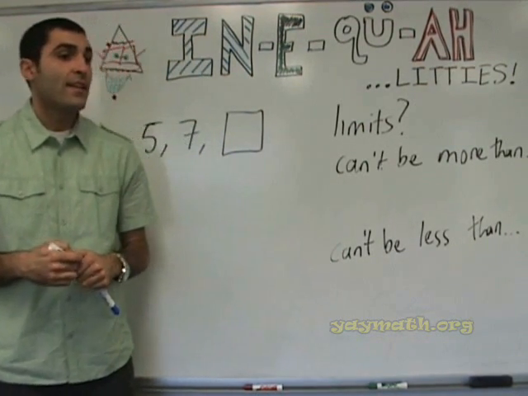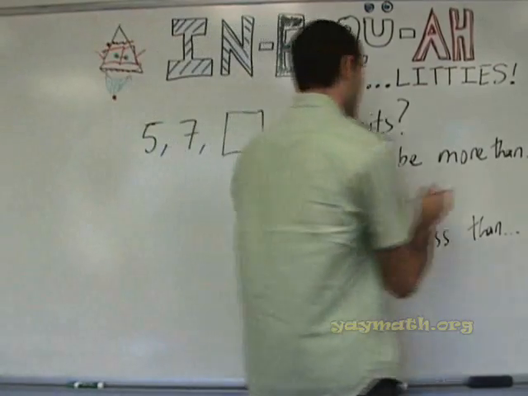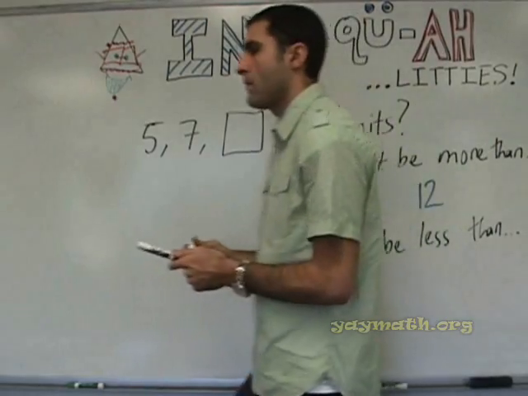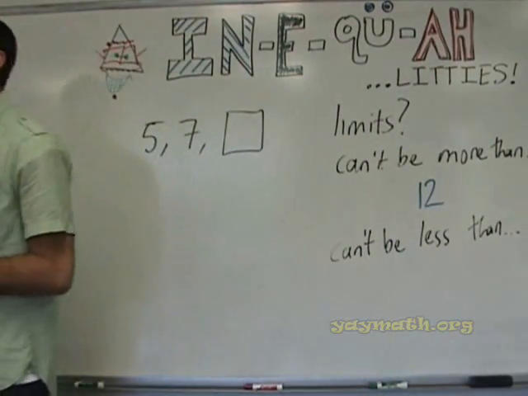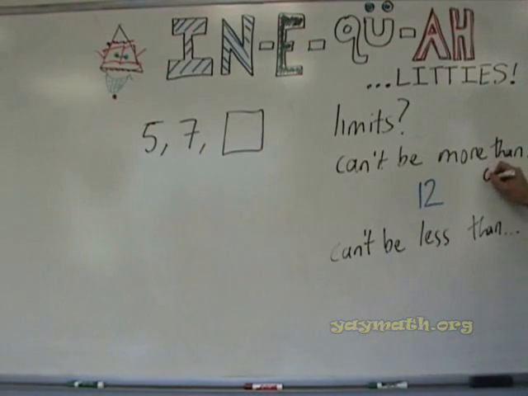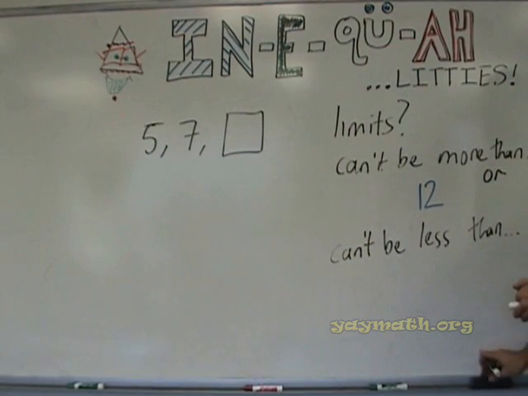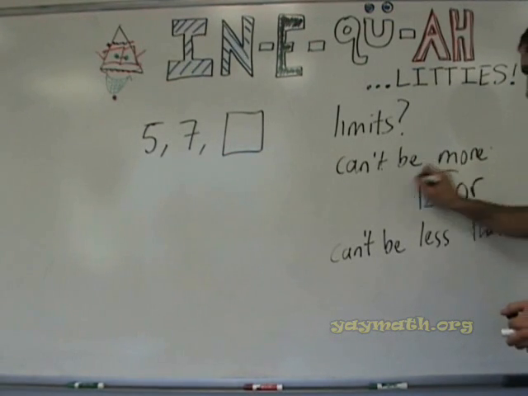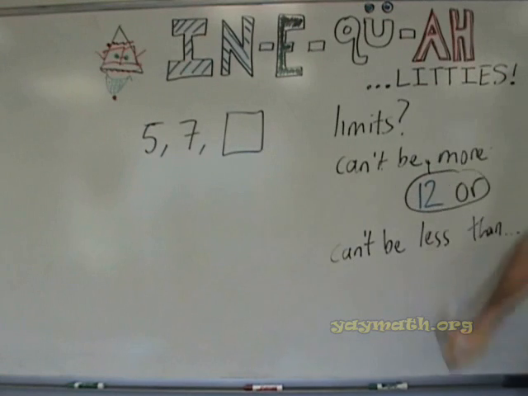Right, so it can't be more than. But then that's saying that it can be 12. Can't be more than or equal to. 12 or more. Can't be 12 or more. That's good. Can't be 12 or more.